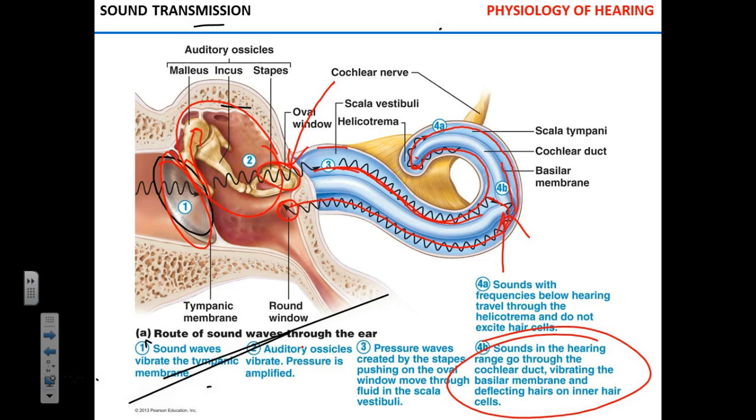Stapes transmits vibrations through the oval window onto the perilymph in the scala vestibuli, and if the sound is in the hearing range, the sound wave takes a quote-unquote shortcut through the scala media into the scala tympani. As it takes the shortcut, it vibrates the basilar membrane, and then sound leaves through the round window, sort of dissipates through the round window. That makes sense?